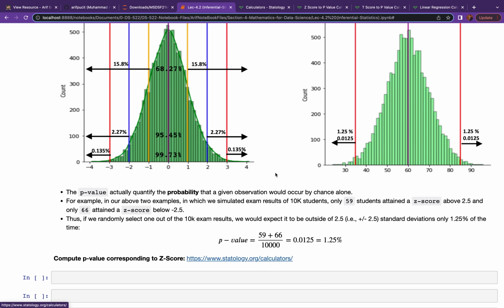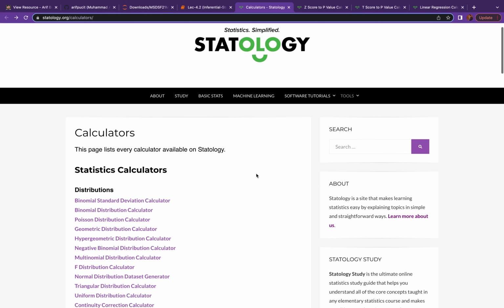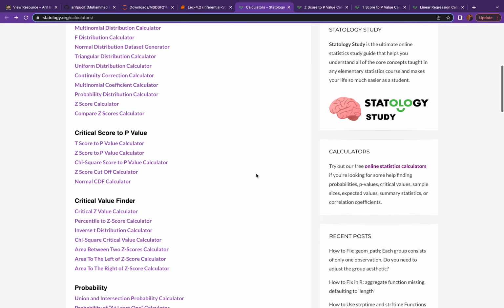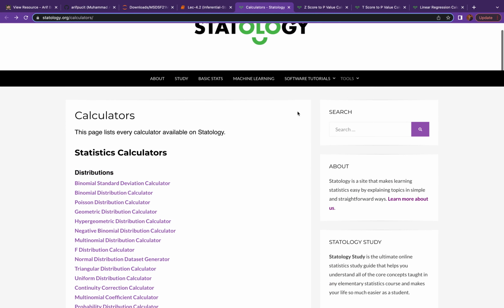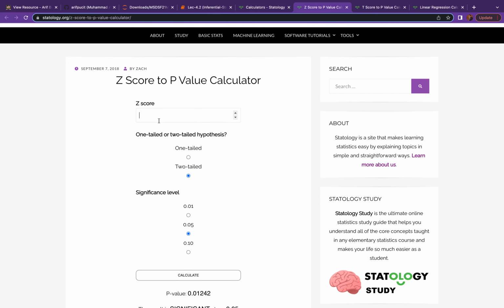Online calculators are available. You can visit this link, Statology. There are a lot of calculators available. Do check out these calculators. And right now I'm interested in a calculator that will convert my z-score to a p-value. Let me write down 2.5, let's suppose, and let me calculate.